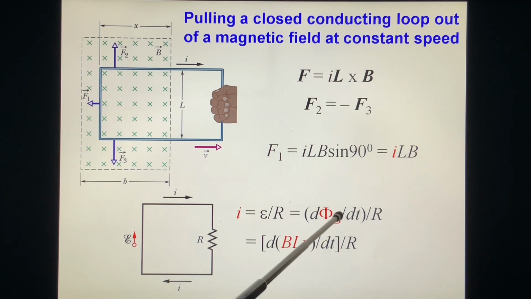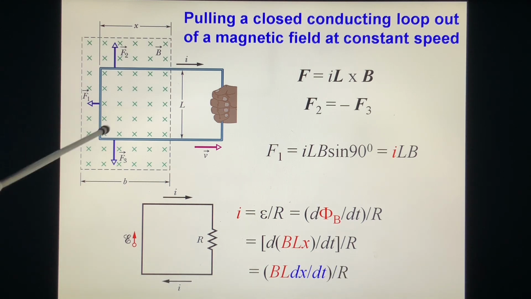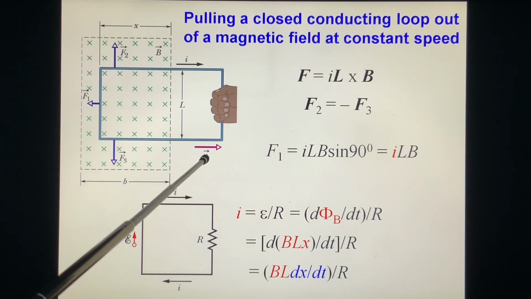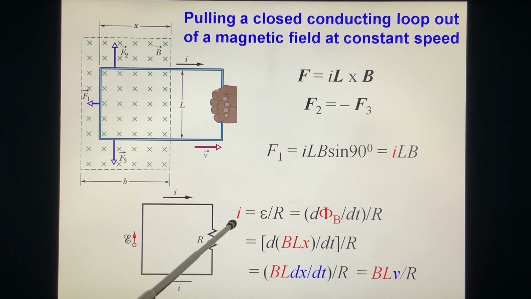We know only x changes with time t, so this equals B L over R times dx dt. And dx dt, the change of this length, is actually the speed v, right? So the induced current I is equal to B L v over R, where v is the speed.